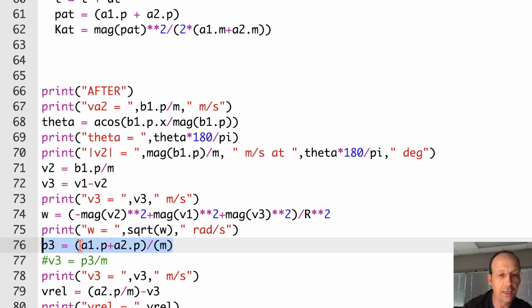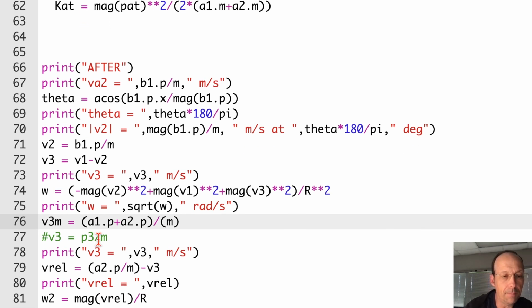So this P3 is actually V3, V3 measured. Let's print that. So print V3. I printed it twice. I don't know why. Let's put this V3M.